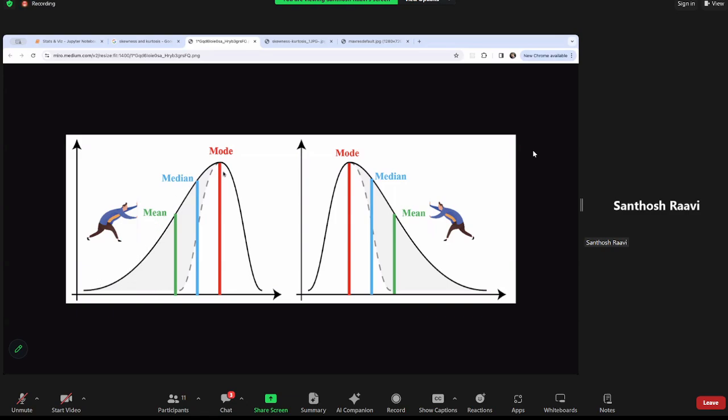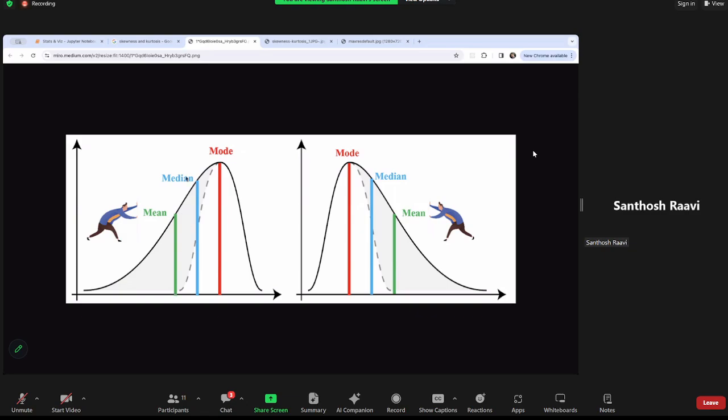You will get the left-tailed skew if the mean value is less than the median value and the median value is less than the mode value. Forget about the mode.